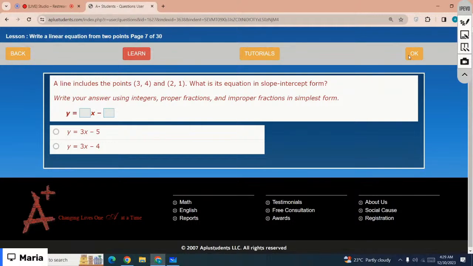Option number 1 is the correct option, right? Y equals 3x minus 5.